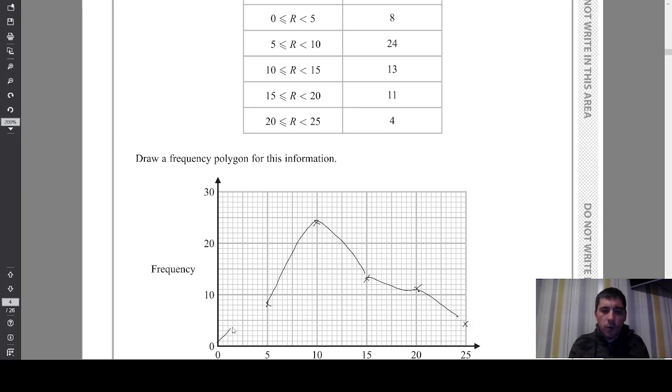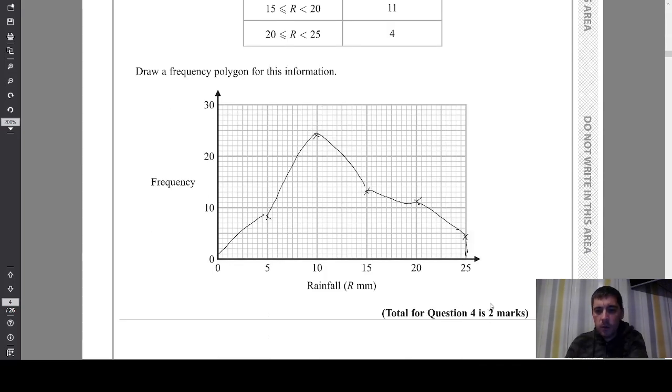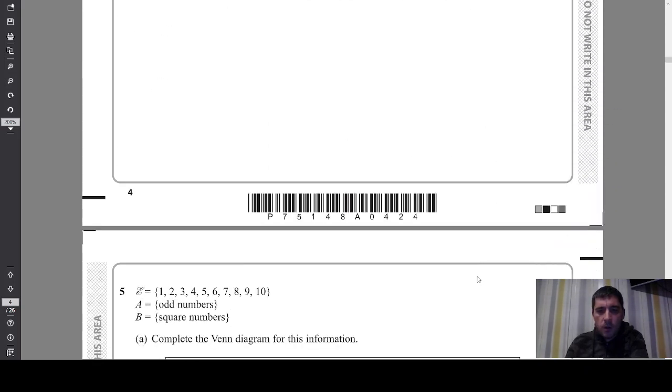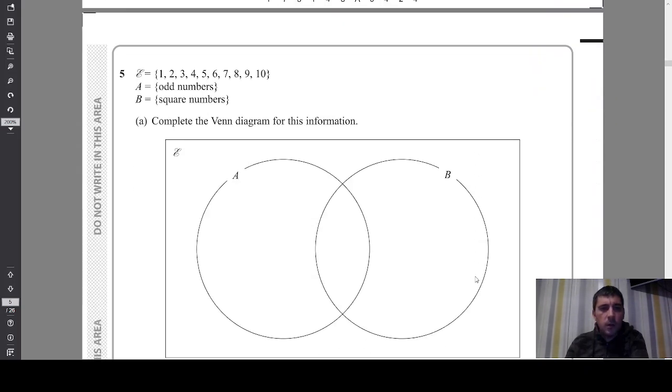As for what the polygon is, a polygon is an enclosed shape. I can just close that shape, and it's made of straight lines. Okay, so we get a couple more marks, so it's 12 altogether.